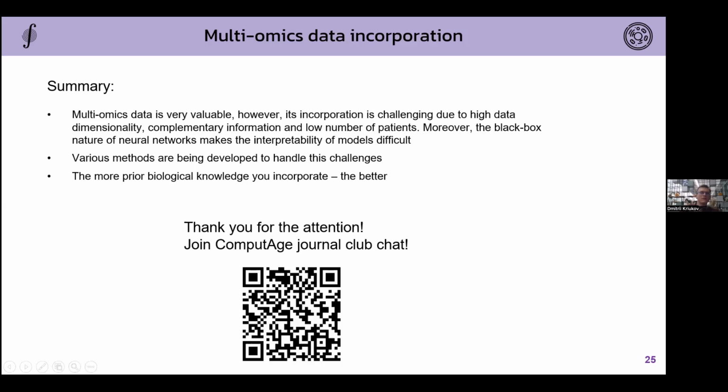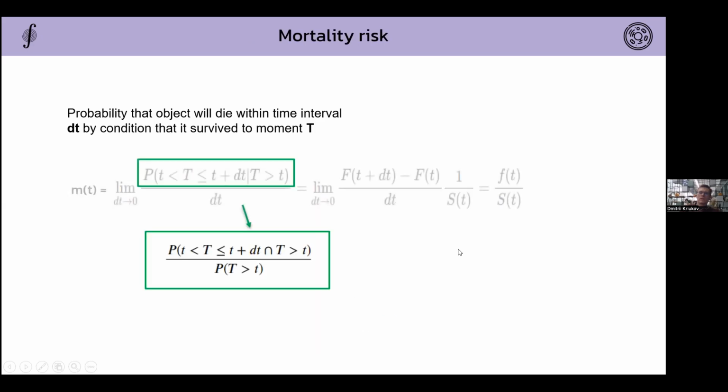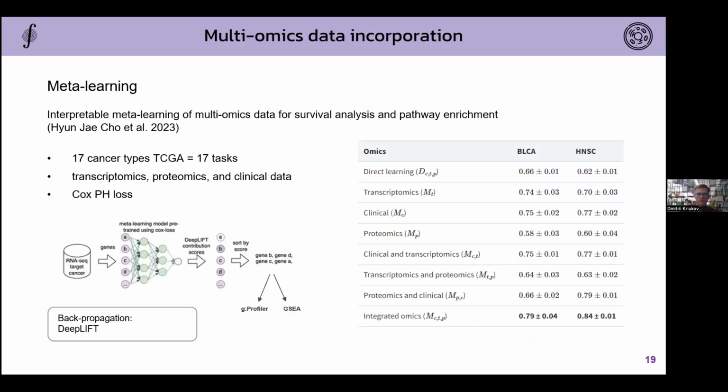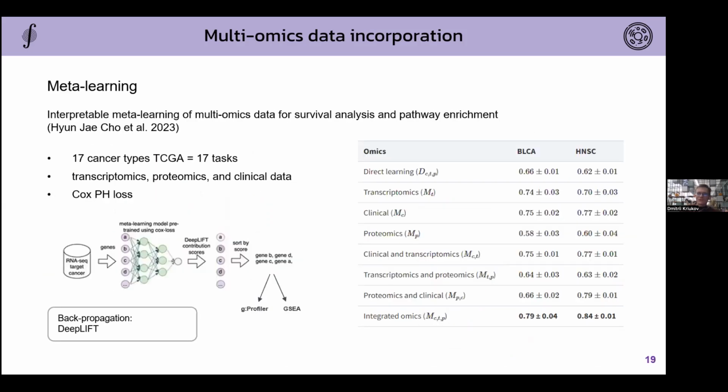Okay, let me ask a question about meta-learning. I really wondered about the deep omics approach. Did they use data from different sources for integration of multi-omics data? And this is the first part of the question.